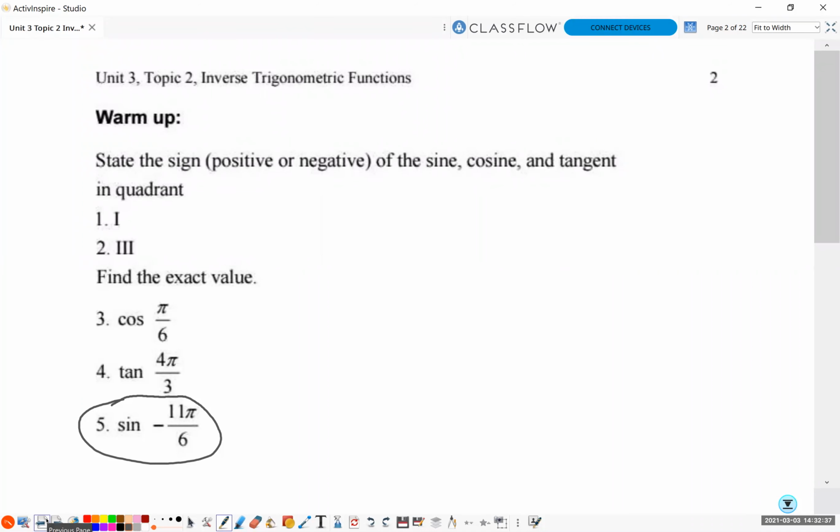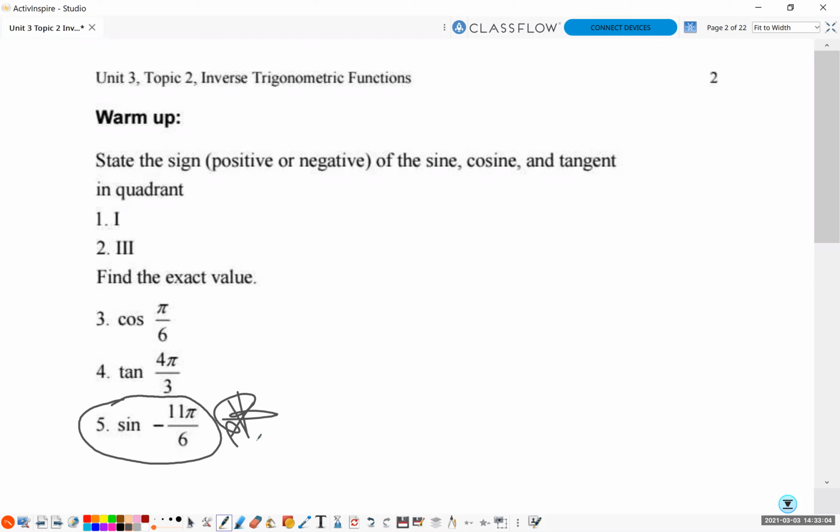All right, I'm not going to do the warm up, but I'm going to remind you that you have got to be comfortable with negative angles. When we're doing inverses, the inverse for tan and for sine takes place in quadrant 4. The fastest way to quadrant 4 is by going clockwise, not counterclockwise.